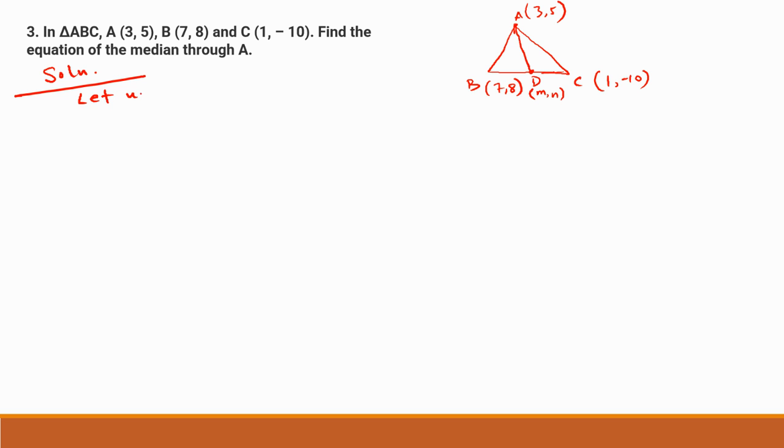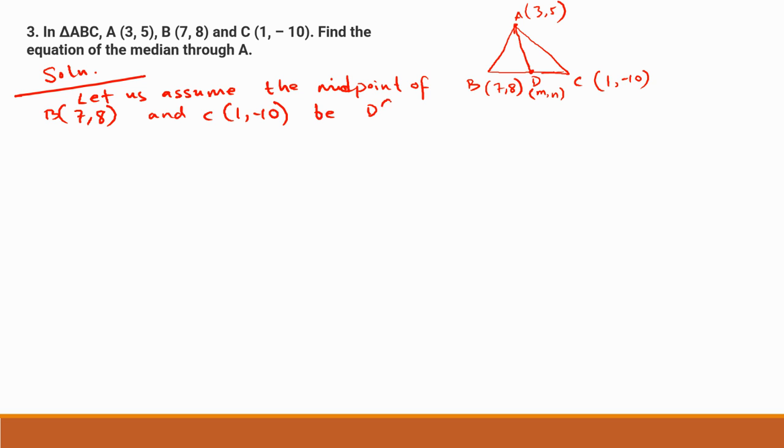So just write, let us assume the midpoint of B (7, 8) and C (1, -10) be D (M, N).